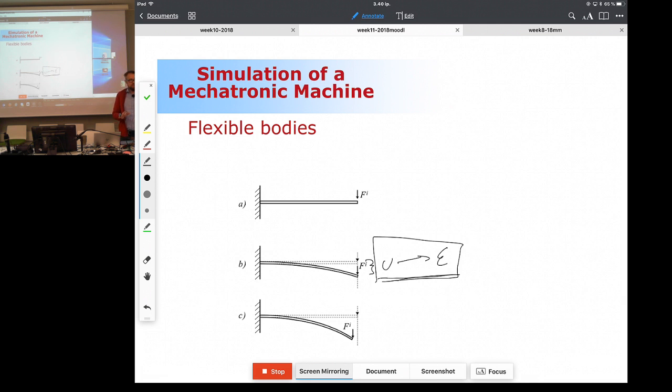And if you make that assumption, you can see it in a simple experiment with a cantilever beam like shown here. What I'm doing in this cantilever beam is loading the free end of the cantilever structure like shown here.